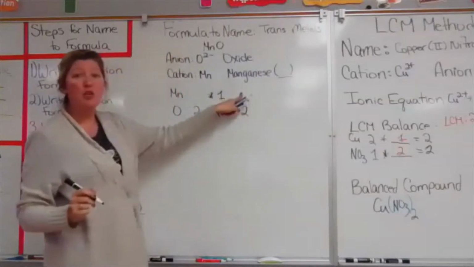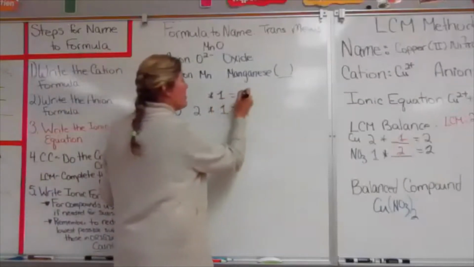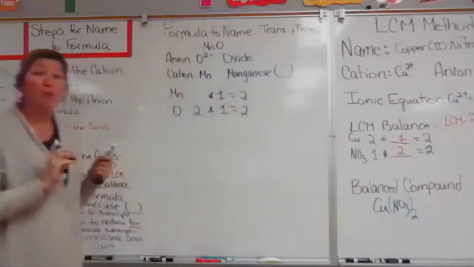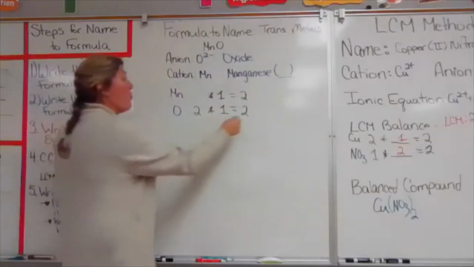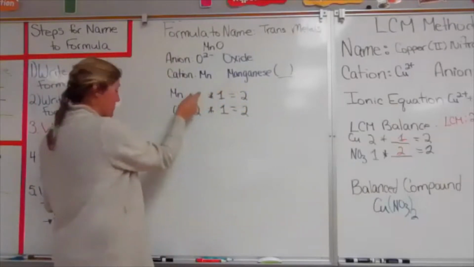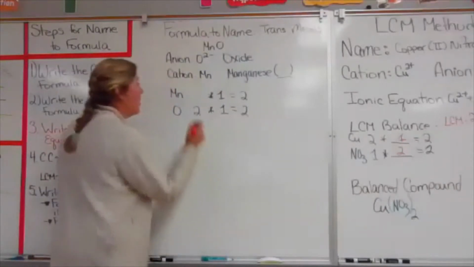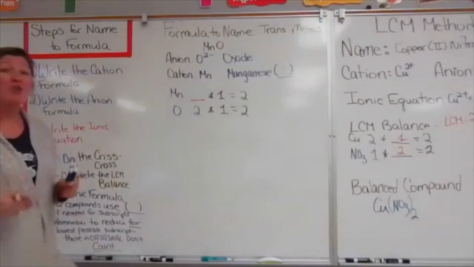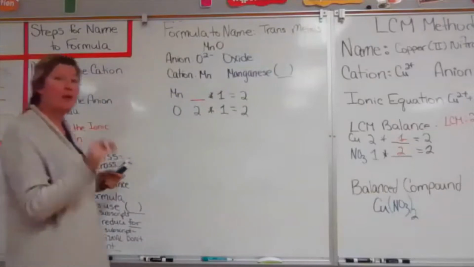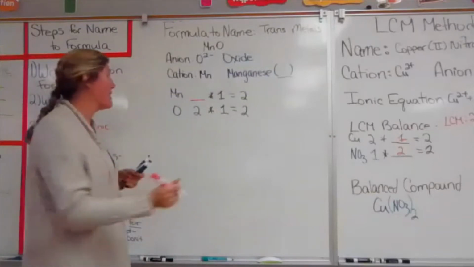That means that has to be a 2 up here, because remember, your LCMs always have to be the same for both rows or whatever row you're using, which means we can then go backwards and find the charge of manganese, because whichever number makes this true there is your charge for your transition metal or column 14 element.